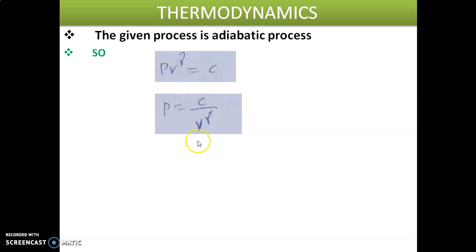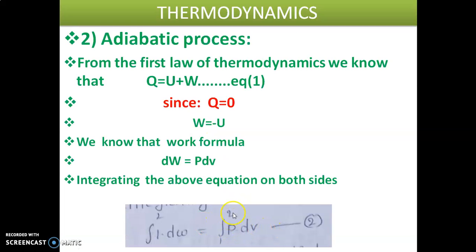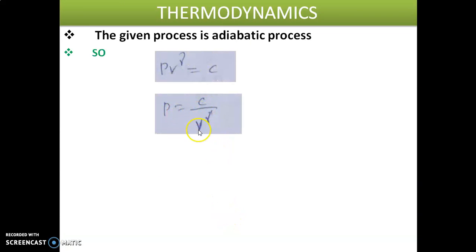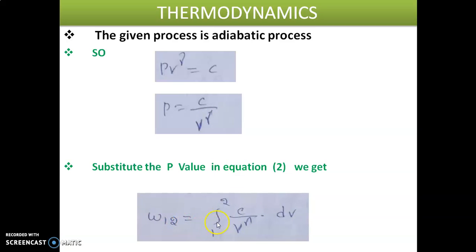Substitute this P value in the second equation. Replace P with C by V to the power of gamma. So we get W from 1 to 2 is equal to integration from state 1 to state 2 of C by V to the power of gamma into dV.